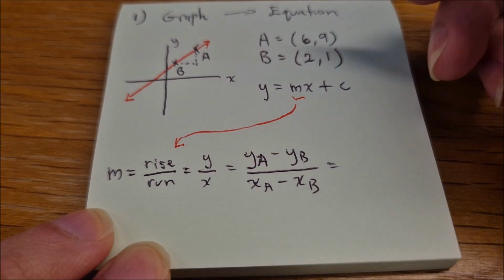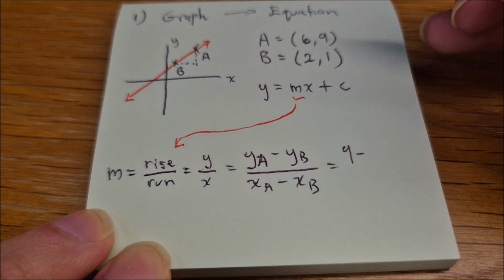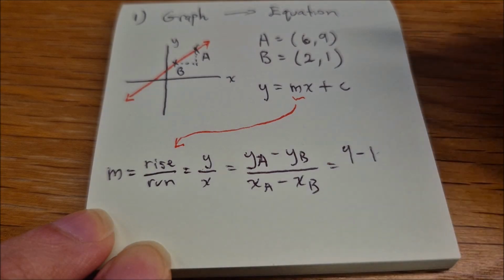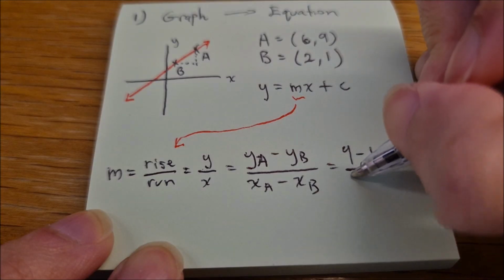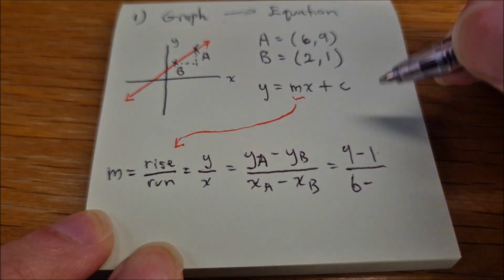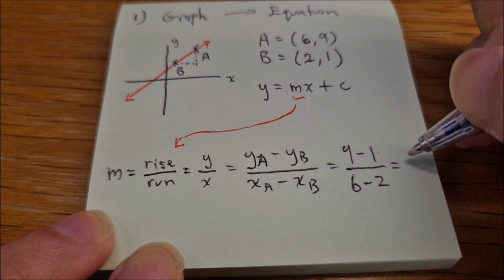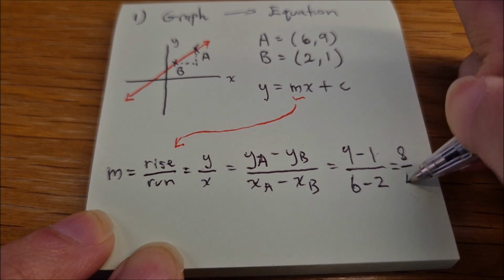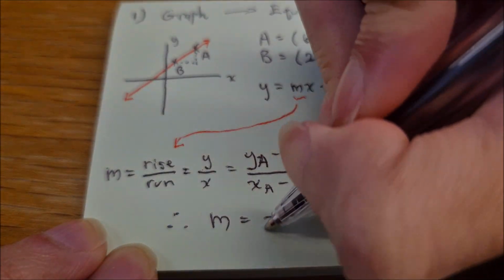Our ya will be 9. Our yb will be 1. That's divided by xa, which is 6, minus xb, which is 2. And that gives us 9 minus 1, which is 8, divided by 6 minus 2, which is 4. Therefore, our gradient will be 2.